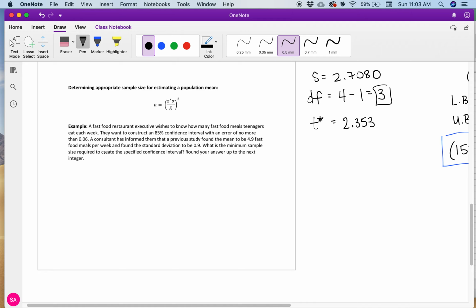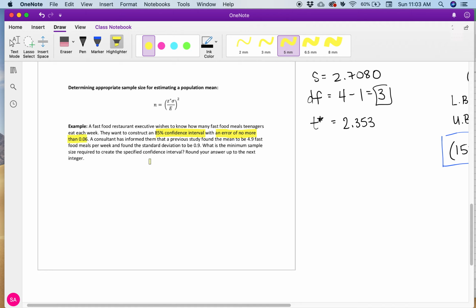How big should my sample size be for a given confidence interval? So let's read. A fast food restaurant executive wishes to know how many fast food meals teenagers eat each week. They want to construct an 85% confidence interval with an error of no more than 0.06.